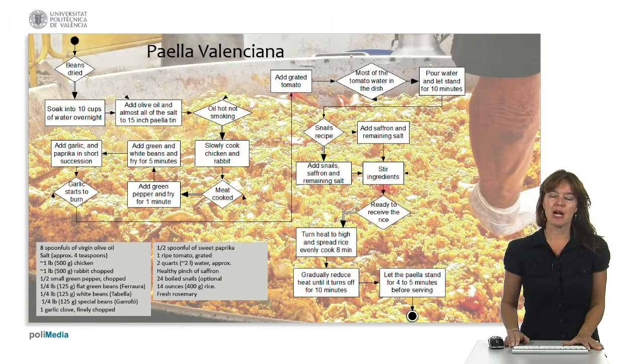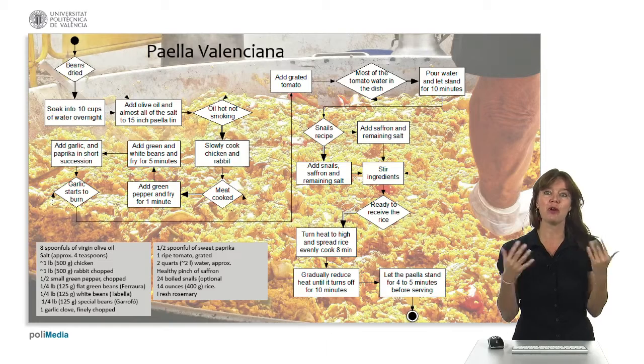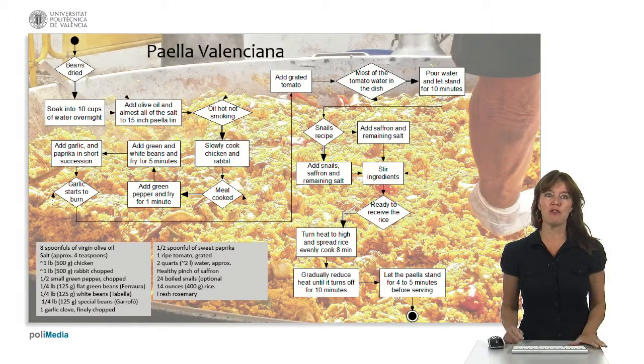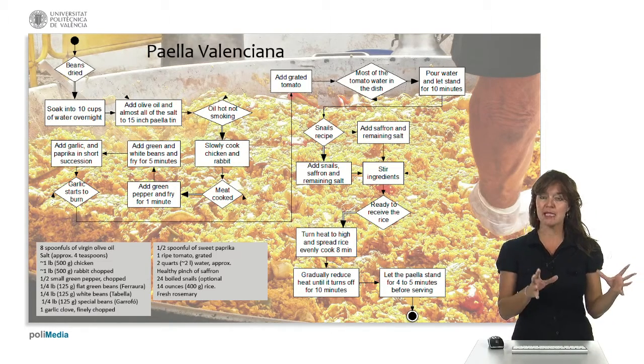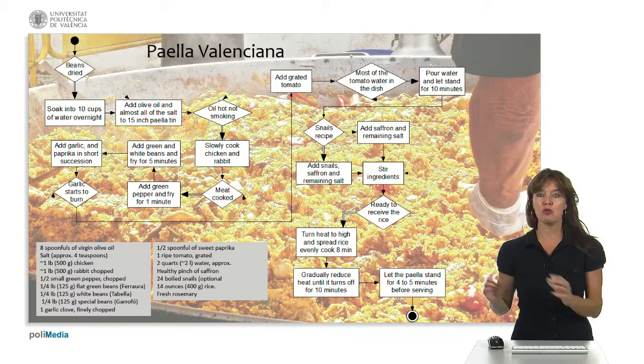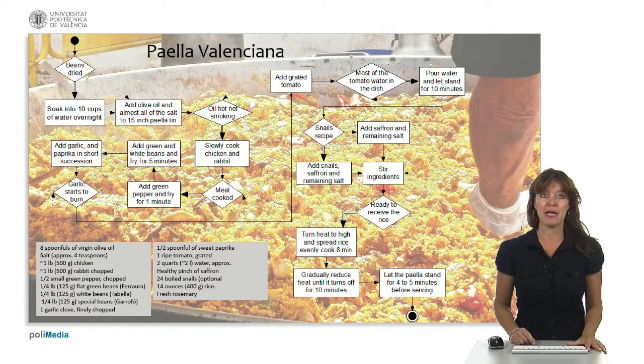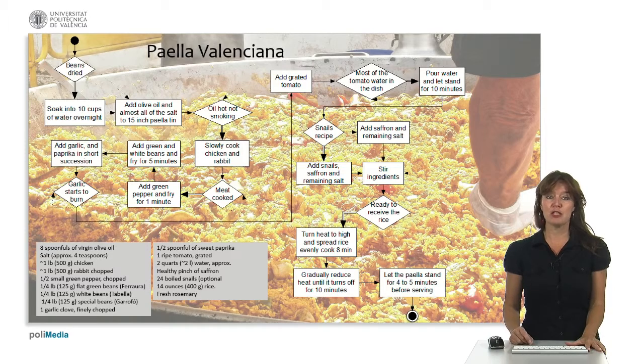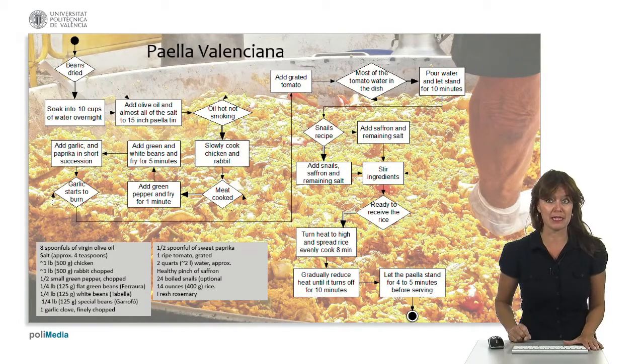How does an algorithm look to make a paella valenciana? Here you see on this slide in the boxes the ingredients, the things that you need to make it. So these are the input to our algorithms. And you see a flow diagram that explains step by step how to make this desired paella. So you see that you put the ingredients, you make the oil hot, but try not to make it smoke.